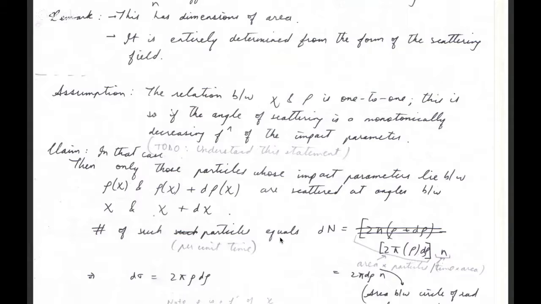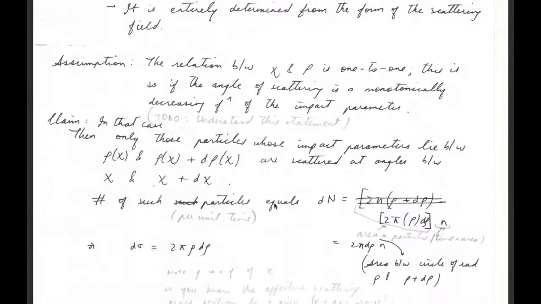Okay, so the claim is that in that case only those particles whose impact parameter lies between rho chi and rho chi plus d rho chi are scattered at an angle between chi and chi plus d chi. Yeah, makes sense, because it's a monotonically decreasing function.